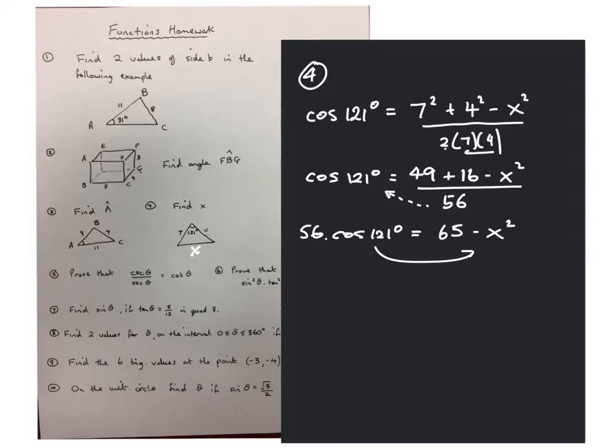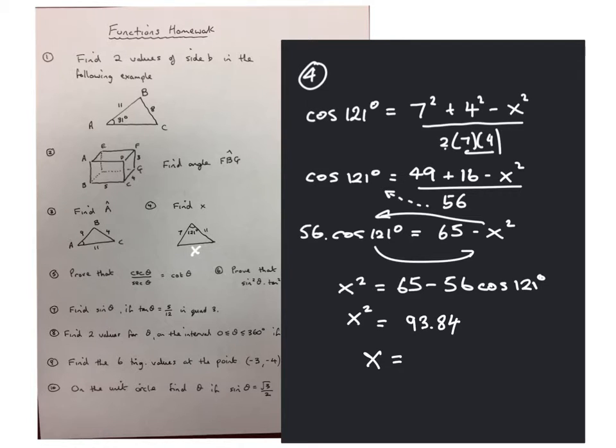These two swap places, so x squared equals 65 minus 56 cos 121, and x squared therefore equals 93.84, and therefore when we take the square root, we get 9.69 as our answer.